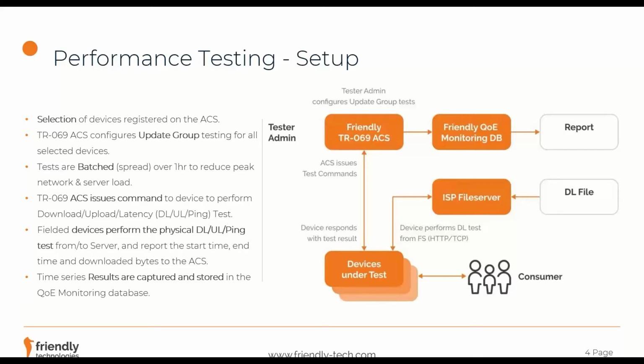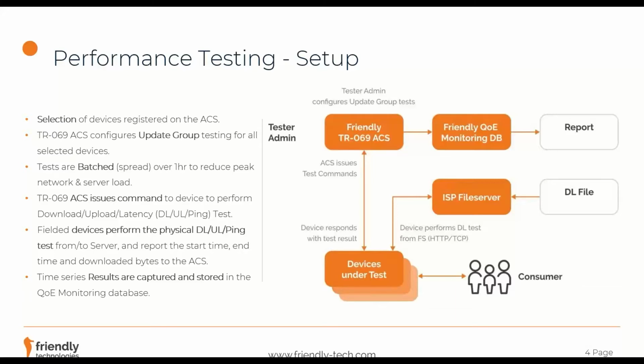It is issuing the instruction to the device for the device to perform the actual test. So the physical device at the edge, the router, the gateway, the broadband device, then performs the download or upload test according to the parameters that it's been configured with, or the ping or latency test. The devices then physically perform the test and report back to the ACS the results.